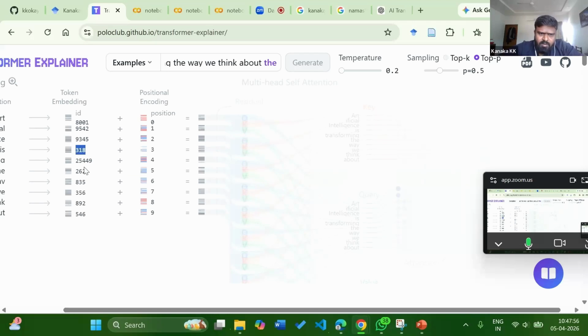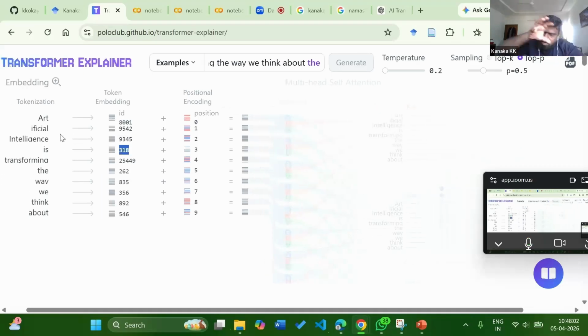There will be token embedding, and we have to add positional encoding also. Positional encoding means the order in which each token appears in our prompt. Like in Python programming, every position starts from 0, so the position will go 0, 1, 2, 3, like this.